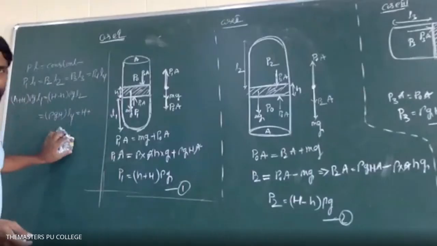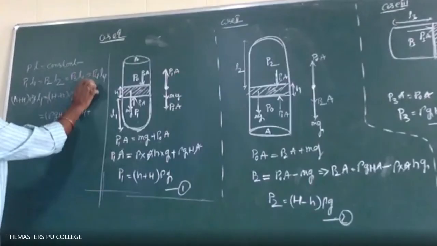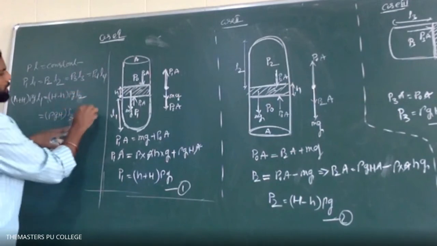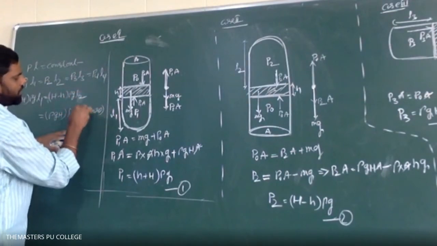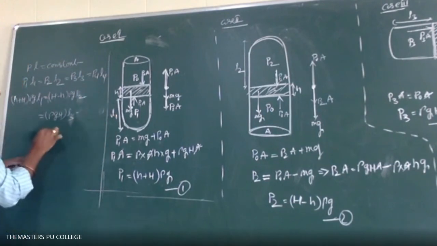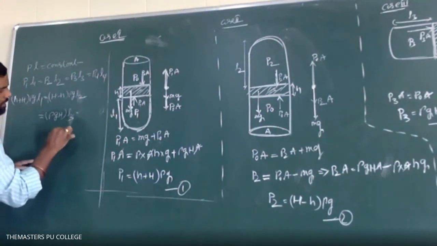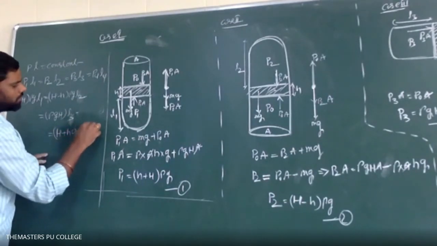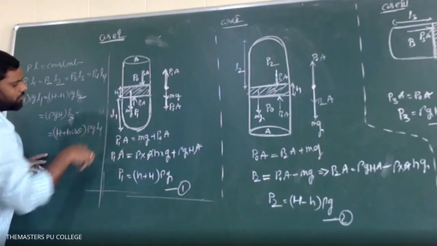That equals P4, which is H plus h cos theta, into rho g, times L4.